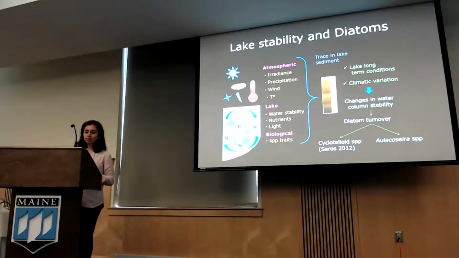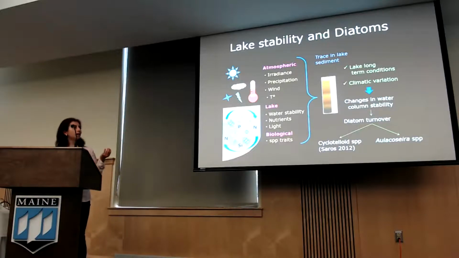However, in general terms, that thermal profile is modified by the effect of seasonal changes in atmospheric temperature and also by the interaction of winds and precipitation because they act as disrupting factors for the stability.